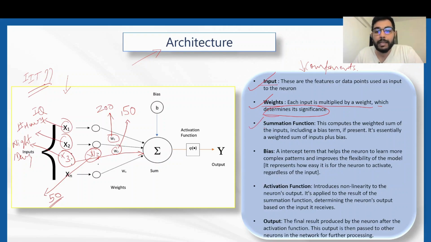Then the third one essentially is the summation function. So you see, after having x1, that is our input features, and the weights, we have all of these things going into a summation function.